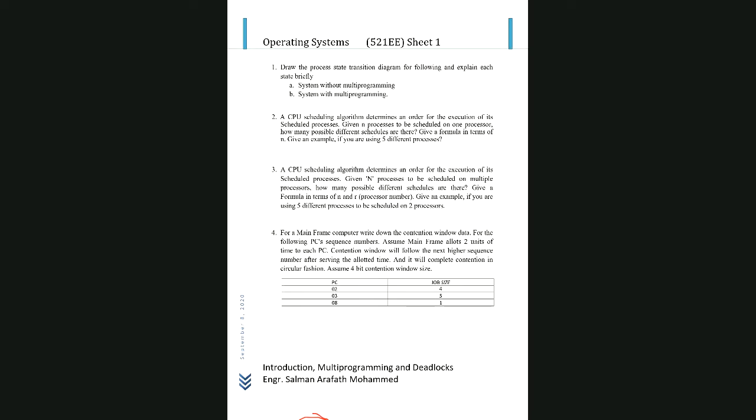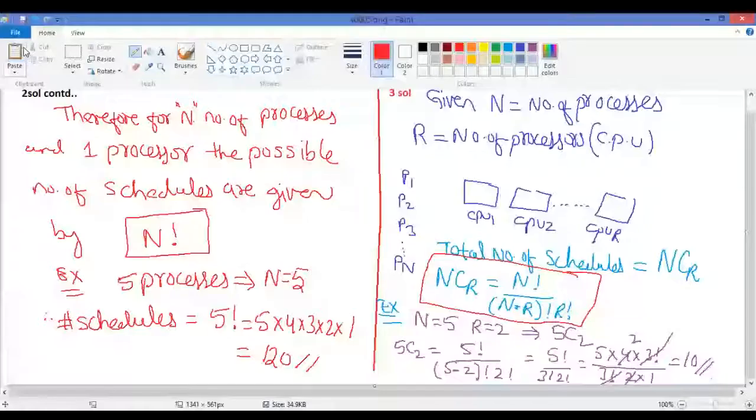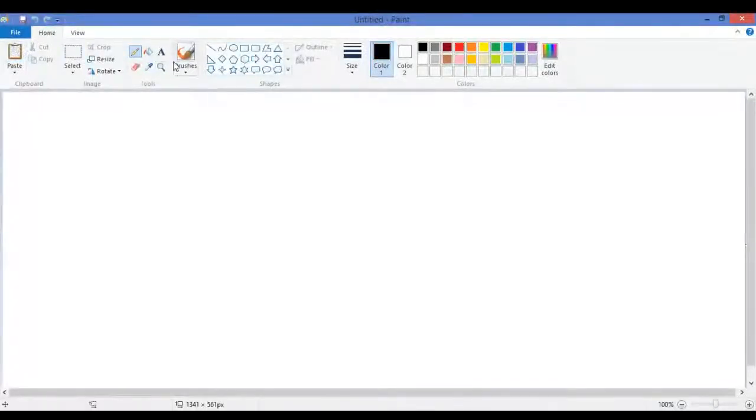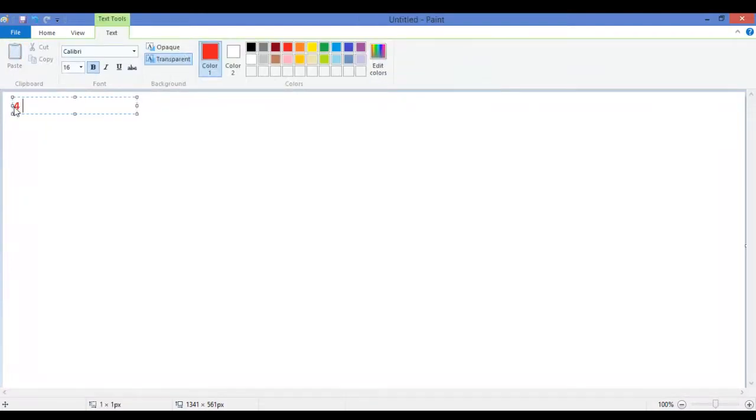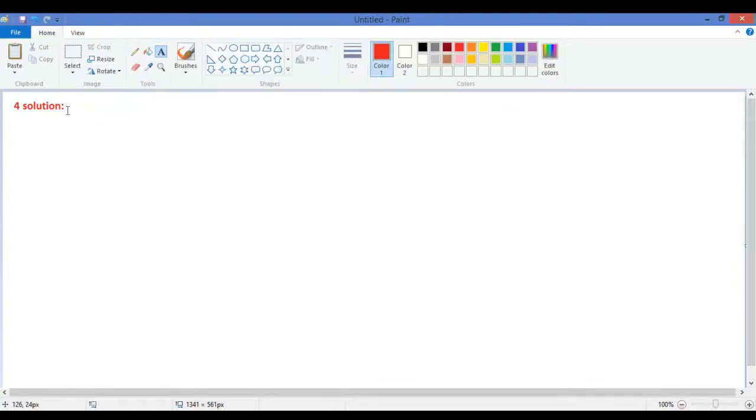So this is our fourth solution. Okay, so he has given a table: per computer and job size.